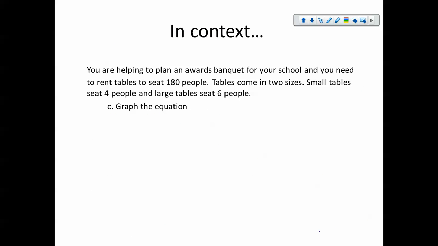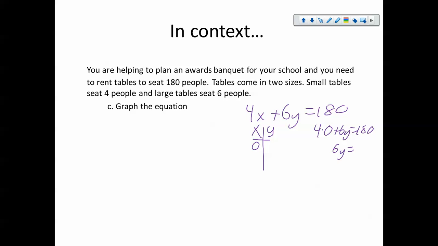We need to graph the equation. Okay, so we've got that. 4x plus 6y equals 180. And you know what? Let's go ahead and find my intercepts. What I'm going to do is plug in 0 for x, find out what I get. So that's 4 times 0 plus 6y equals 180, which is 6y equals 180.